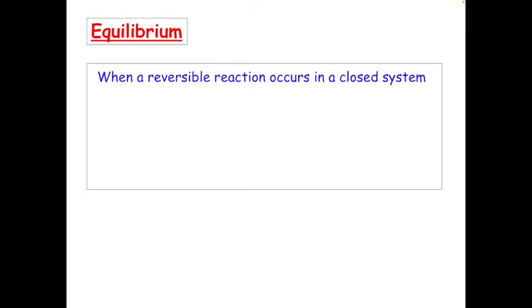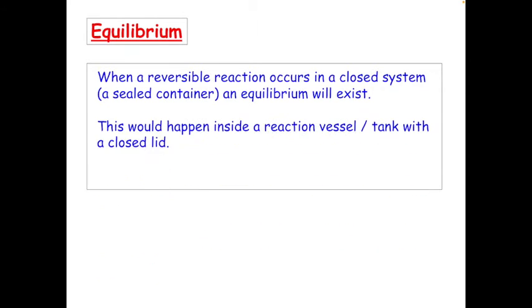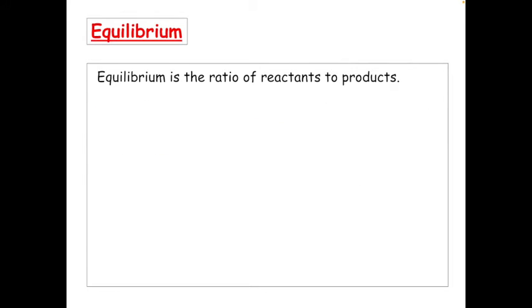If it's closed though, that means it's closed to the environment, it's got a stopper or it's a sealed container. An equilibrium will exist. So there will always be an equilibrium if it's a reversible reaction in a stoppered, sealed system. That would happen inside a reaction vessel or a tank with a closed lid. So let's have a look at what this means.